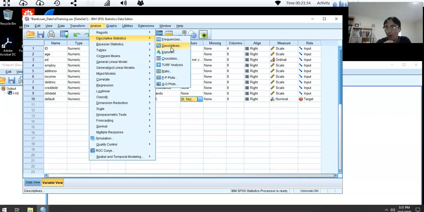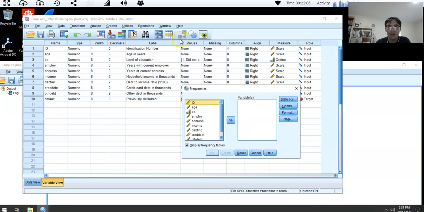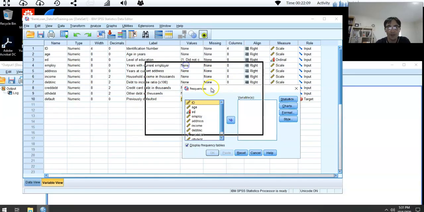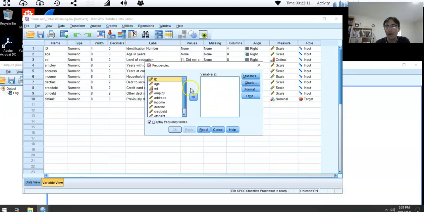If you do only descriptive statistics, then you cannot find that outlier type of data. So using Frequencies here, you click that and then you can see this kind of small window to set up the frequencies analysis.